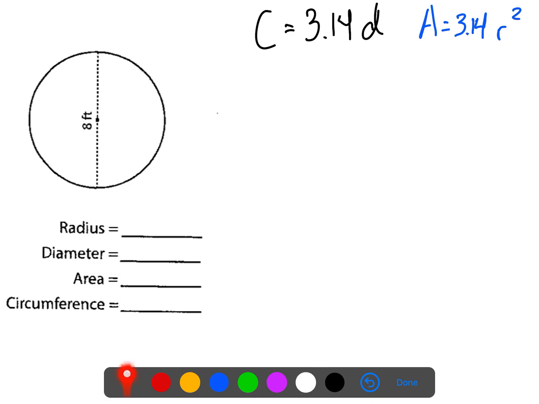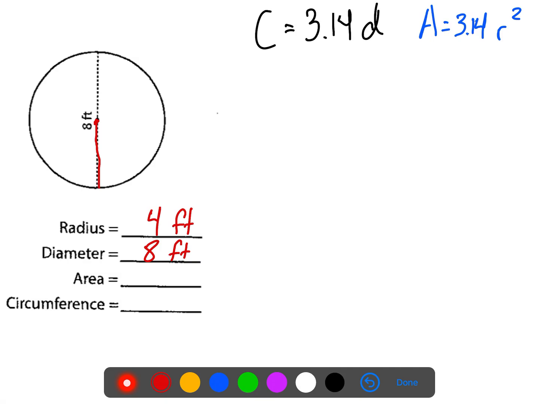So to start, let's find the radius and the diameter of the circle. Well, I can see labeled here for us all the way across the circle is 8 feet. So that is going to be our diameter. The radius is half of that, which would be 4 feet. So the radius would be from the center point to the outside edge, just half the diameter.